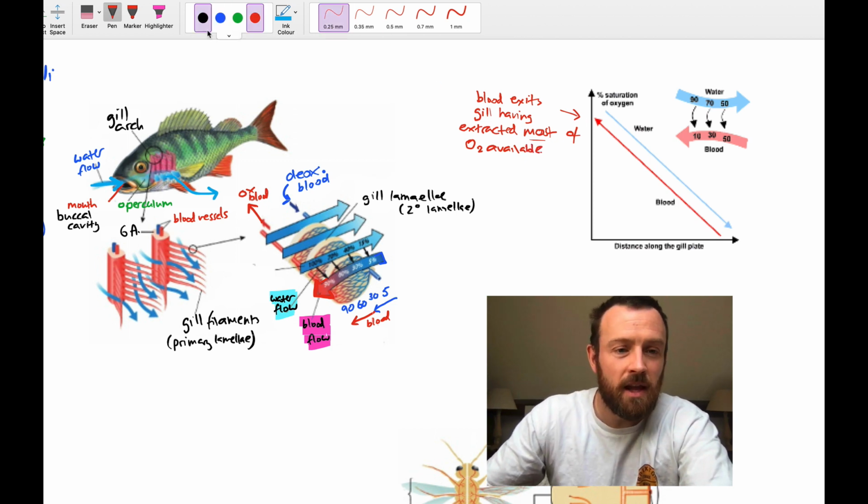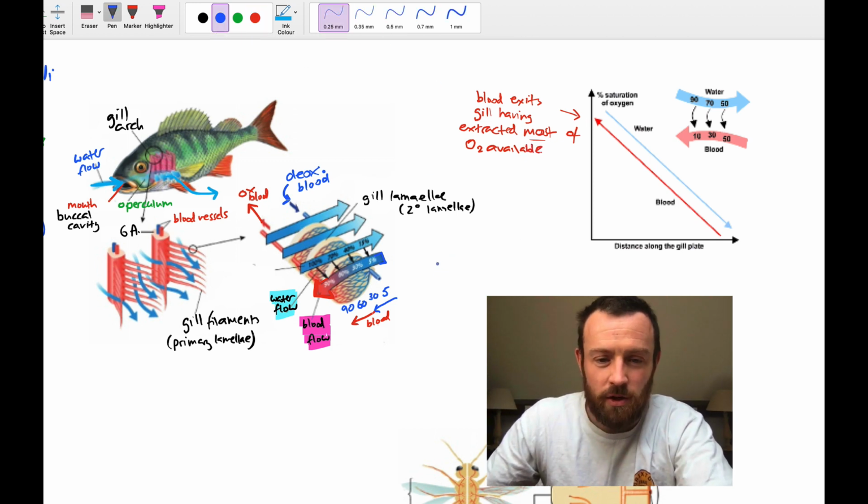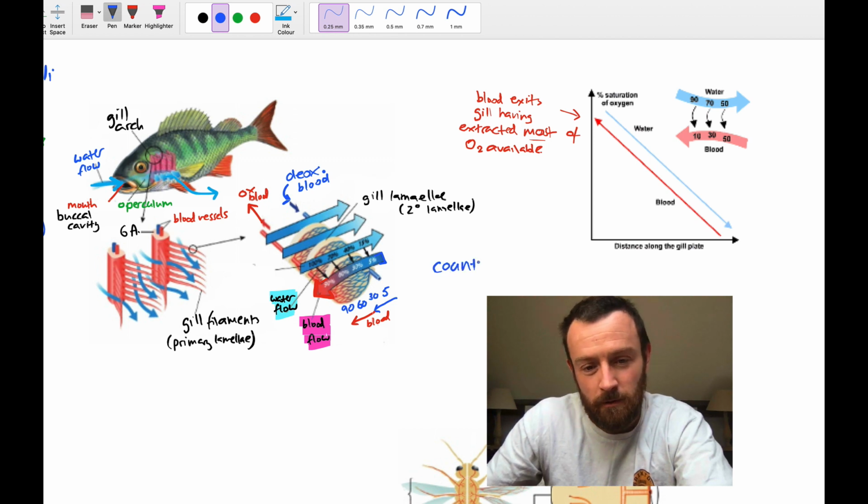And here's a nice phrase that we can use: countercurrent flow.